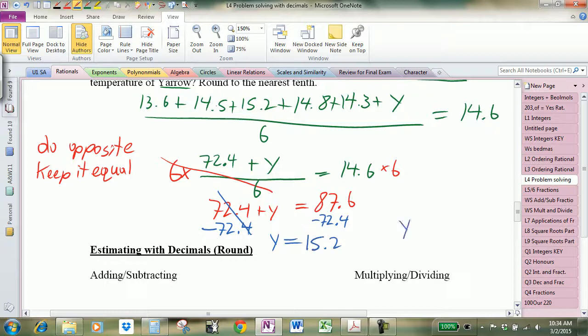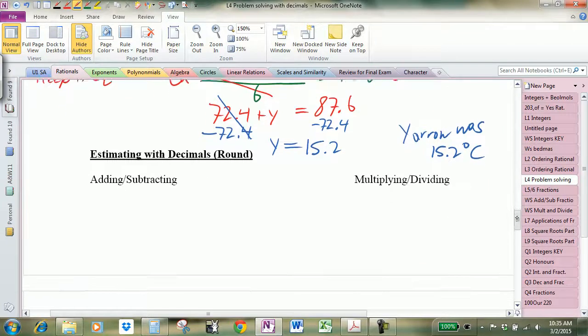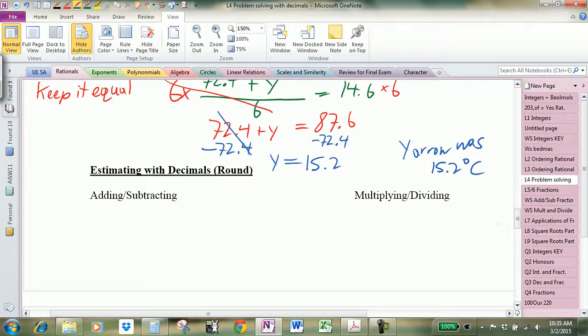So the error was 15.2 degrees Celsius. So that's a tougher one because you're doing algebra. We haven't really viewed it too much, but I just want to throw it out there. Follow along with it. Any questions?